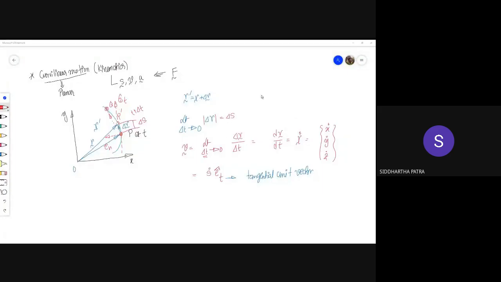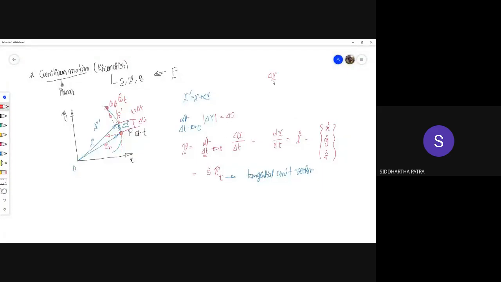Okay, so delta r, as you can see, is a vector, and delta s is measured along the path. So always you see the magnitude of delta r is less than or equal to delta s, because delta r is measured along a straight line, and since the 2D plane is a Euclidean space, the straight line distance is actually smaller than the curvilinear distance.